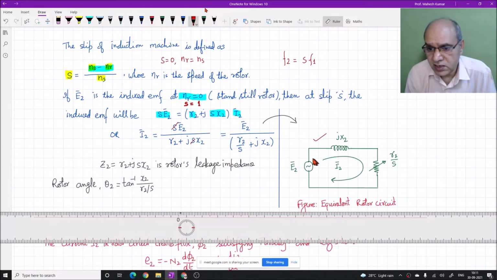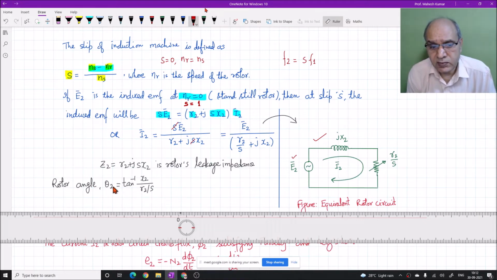You can see this is E2, the induced EMF, and then there is the impedance of the rotor circuit, that is X2 and R2 by S, and the current flowing in the circuit is I2. There is a power factor in the circuit.